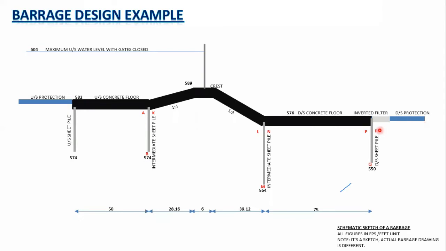And on the downstream side, an inverted filter is installed to reduce a phenomenon known as undermining. In undermining, whenever seepage flow is occurring beneath the barrage, the seepage flow carries soil particles with it as well, and those soil particles exit on the downstream side. These exiting particles on the downstream side can be retained by a filter, an inverted filter.